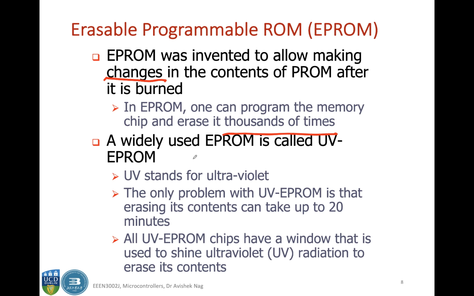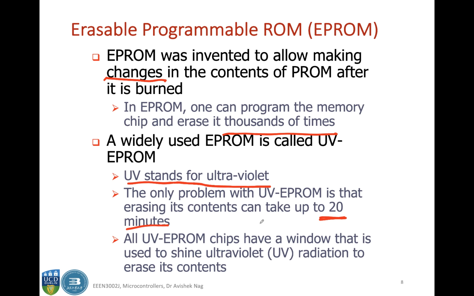And how is that erasing done? A widely used EPROM is called EEPROM, where you can use ultraviolet light to erase the contents of the PROM. The only problem here is that it takes up to 20 minutes, which is a long time to erase its contents.